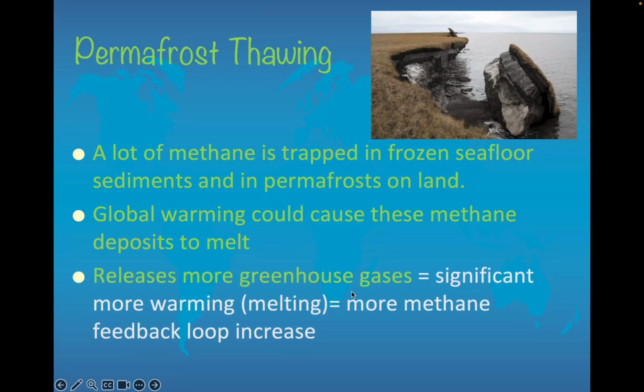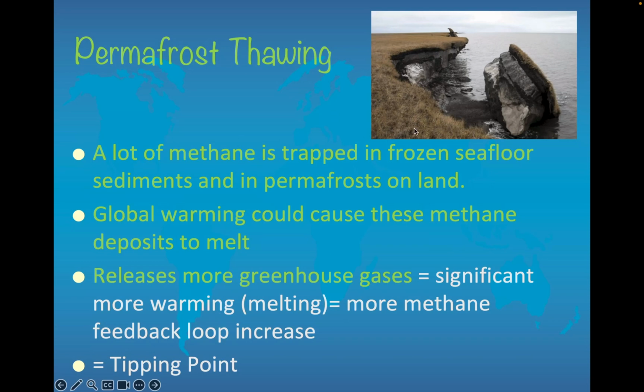If there's more greenhouse gases, that means significant warming, which means there will be more melting, which means there's more methane. More methane means more greenhouse gases, which trap heat. So then there's more warming, more melting, and the feedback loop increases until it gets to the tipping point.